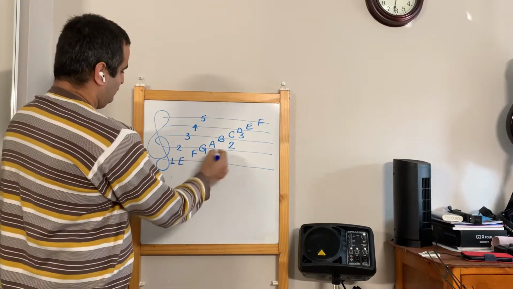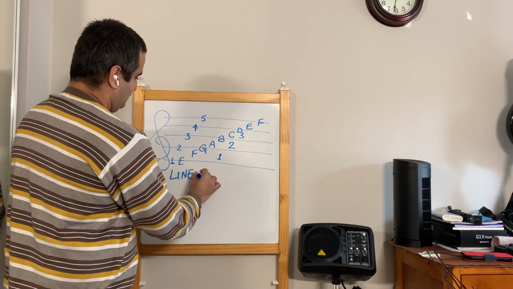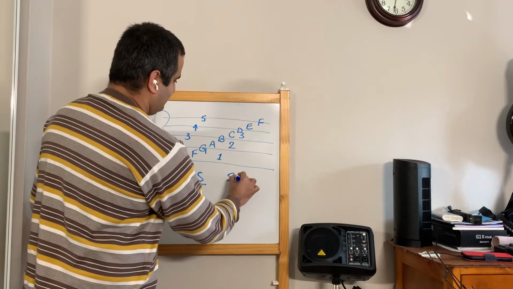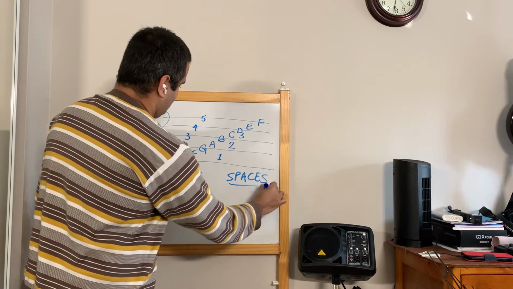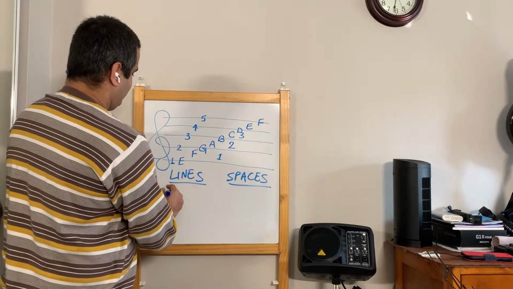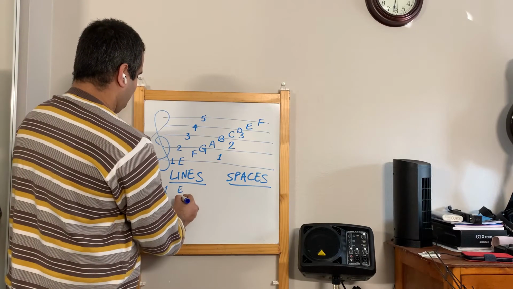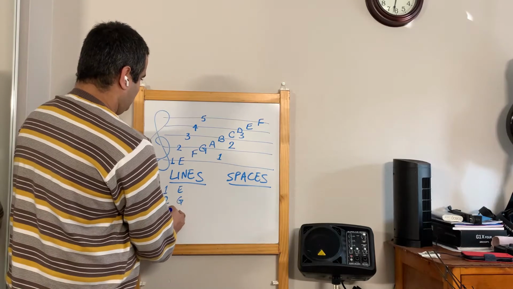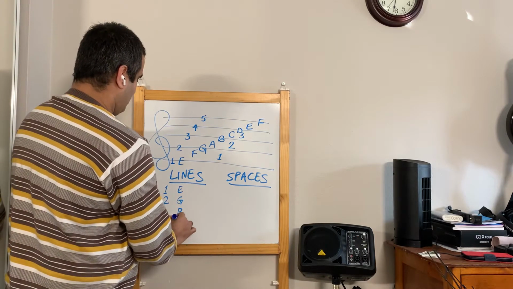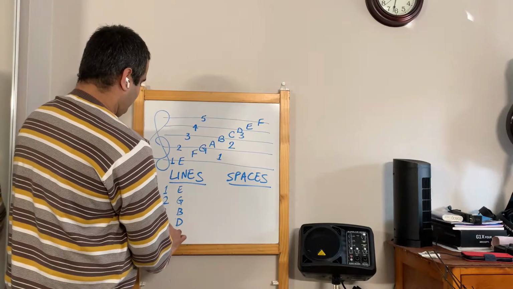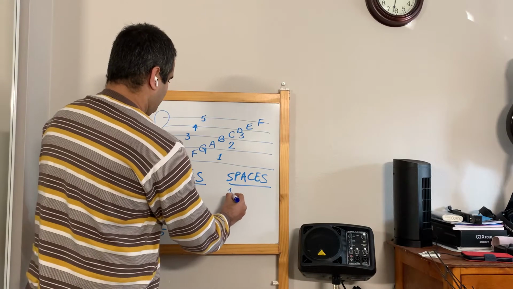So if I have to put them in a category, we have lines and spaces. Our first line is called E, second line is called G, third line is called B, fourth line is called D, and fifth line is called F. Same goes with spaces.